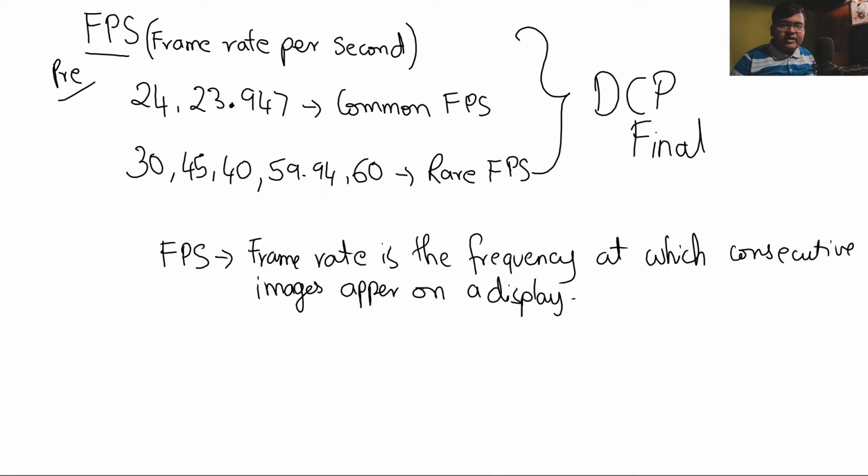So let's come to FPS now, frames per second. First let me explain FPS. FPS is the number of frames projected in a second. For example, 30 images in 1 second is called 30 FPS.